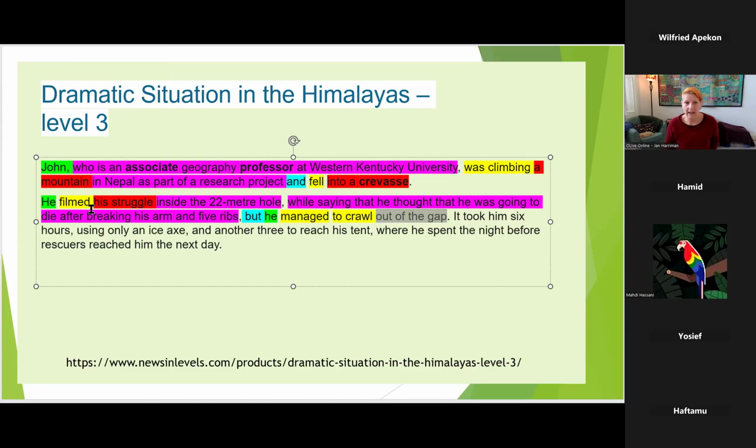If this had been he filmed his struggle, he said that he thought he was going to die, that would be different. Then we would need a conjunction, and it would be another independent clause. Because they've changed that verb to the ing form, it's strictly a clause. Okay.